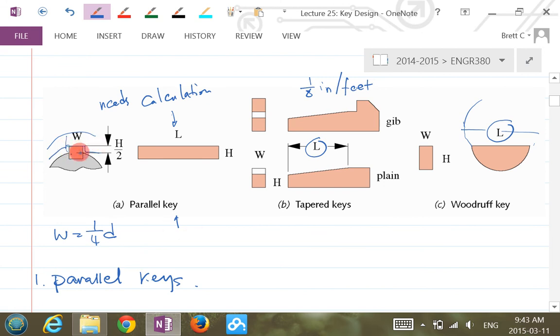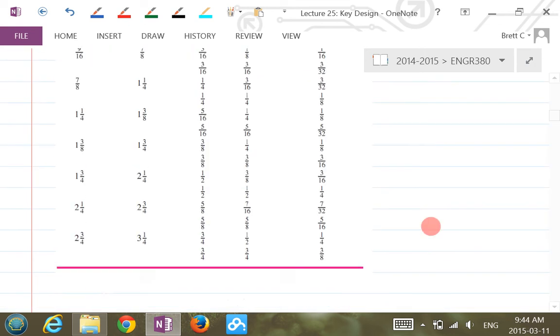So how do we fix the key at the location? One structure is to use a set screw to fix the key on the shaft. That set screw also needs to be sized properly, basically the diameter, the size of the set screw.